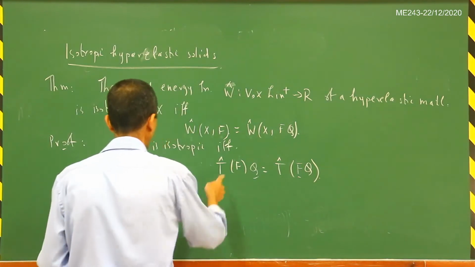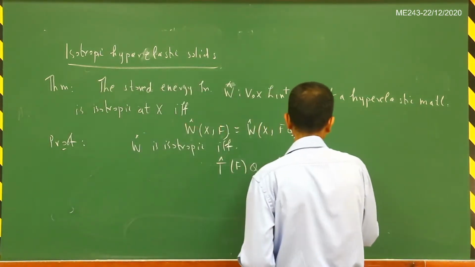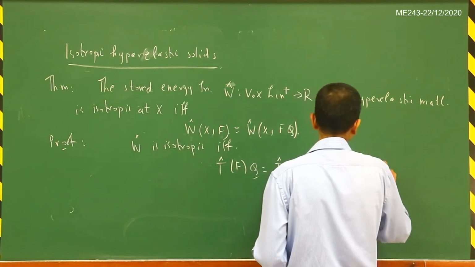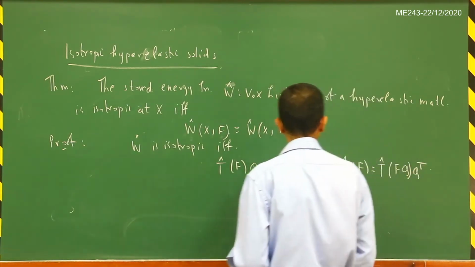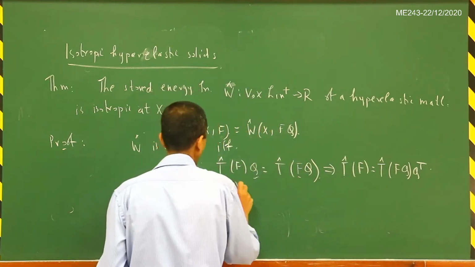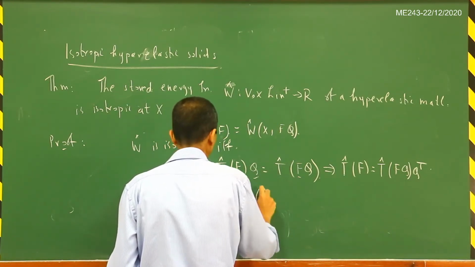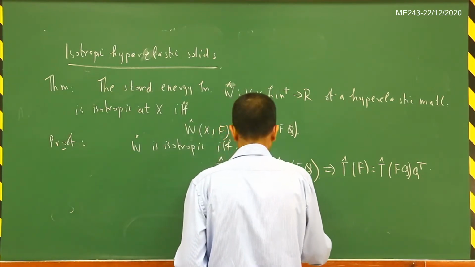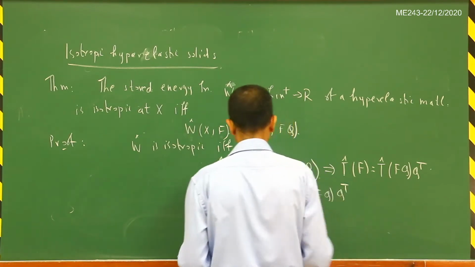And now if you express this in terms of the, let me just rewrite it. So this implies that T hat of F is equal to T hat of F Q times Q transpose. Now in terms of the gradient of the strain energy density function, we will get del W hat by del F evaluated at F is equal to del W hat by del F at F Q times Q transpose.